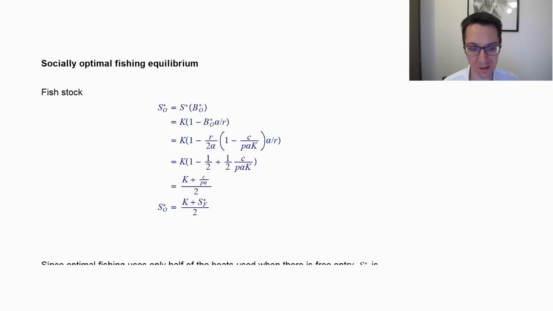free fishing case. And so what do we see? Well, we see obviously that the free fishing stock was lower than what's going to be the optimal fishing stock, because the optimal fishing stock is going to be basically an average between the total carrying capacity K and the free fishing.